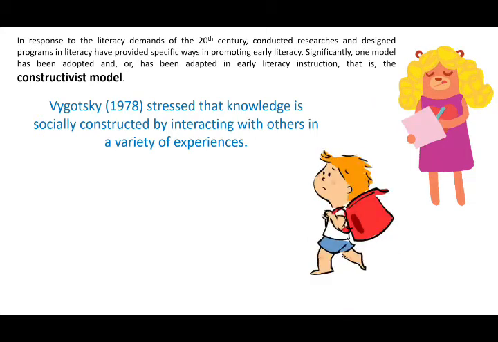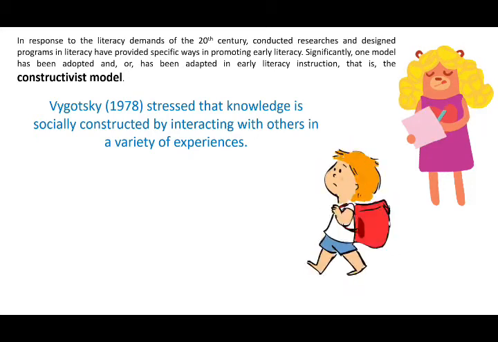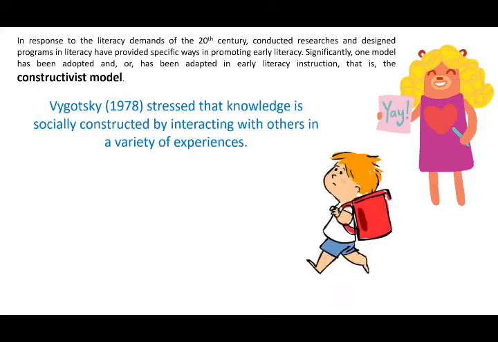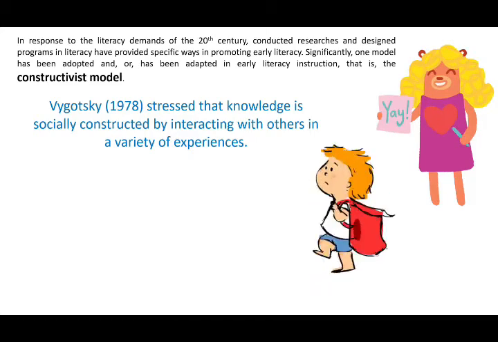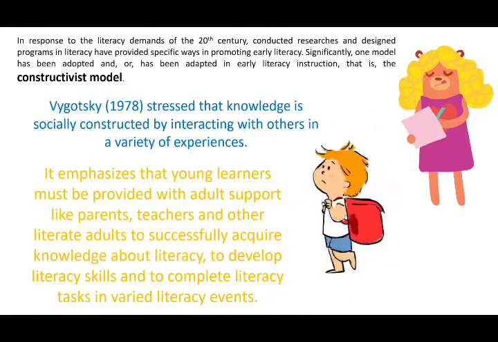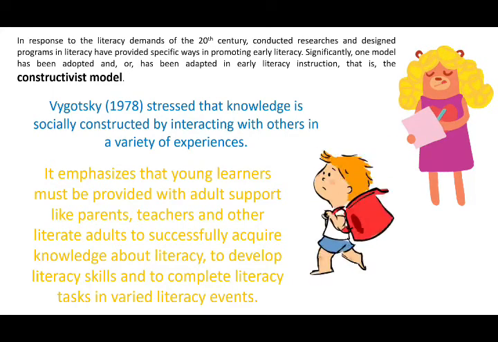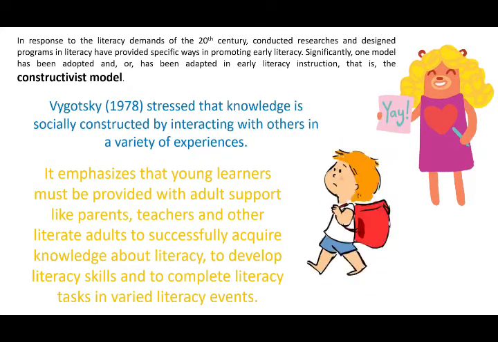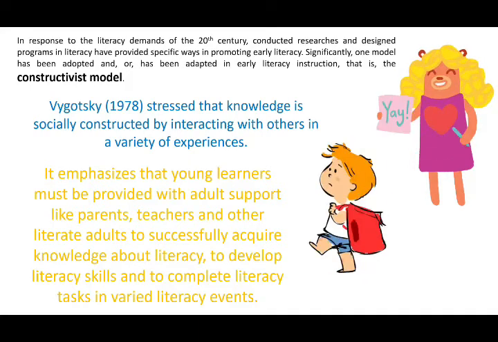Moreover, social interaction allows emergent learners to construct their own knowledge and view themselves as members of a community of learners as they interact with parents and other literate adults or with peers. Vygotsky also emphasized that young learners must be provided with adult support, like parents, teachers, and other literate adults, to successfully acquire knowledge about literacy, to develop literacy skills, and to complete literacy tasks in varied literacy events.